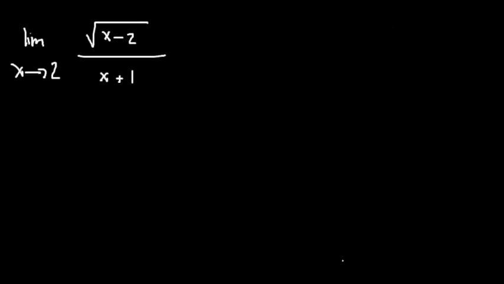Now, let us try an example wherein we think the limit of the function exists, but in reality it does not exist. Let us evaluate the limit of the square root of x minus 2 over x plus 1 as x approaches 2. If we try substituting, it's going to be the square root of 2 minus 2 over 2 plus 1.